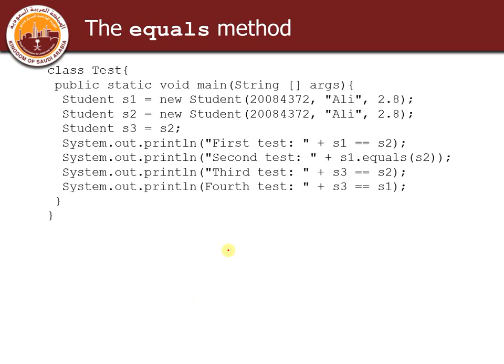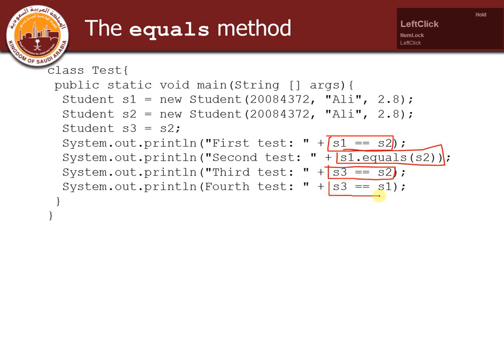I would like you to realize that those 4 lines are going to be displaying Boolean values, either true or false. Each one is just asking, is this S3 equal to S1? If it's true, it is going to be displayed as true, as in the 4th test. If it is false, it's going to be false.